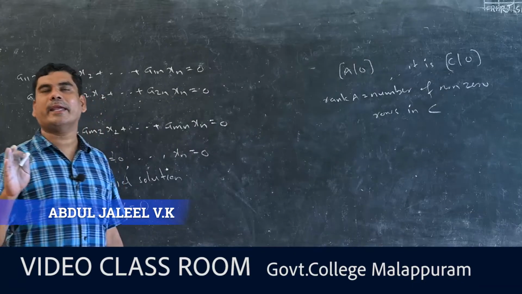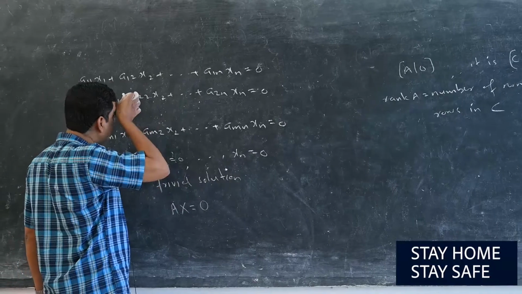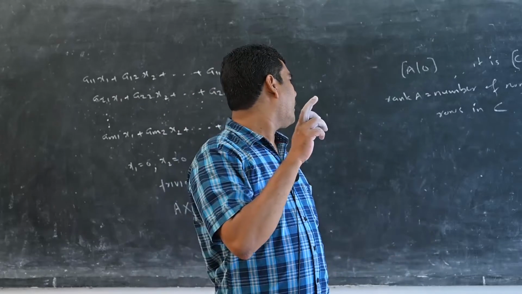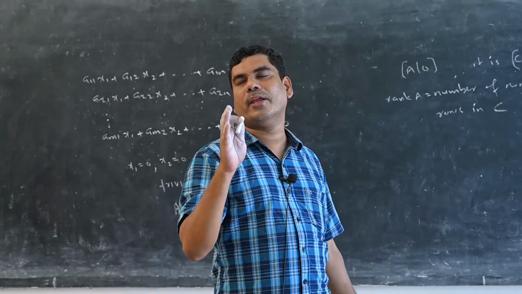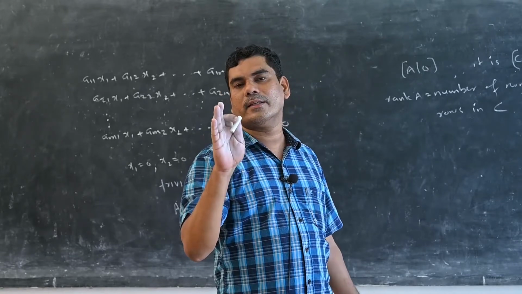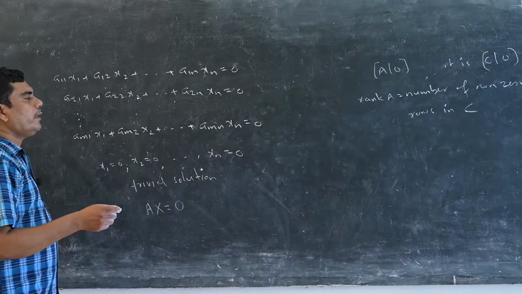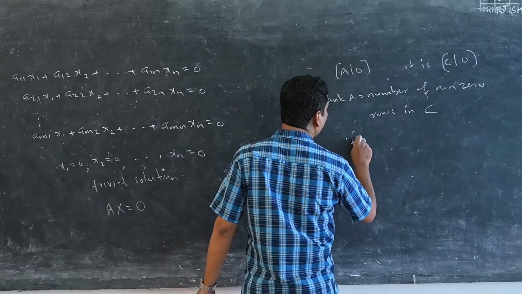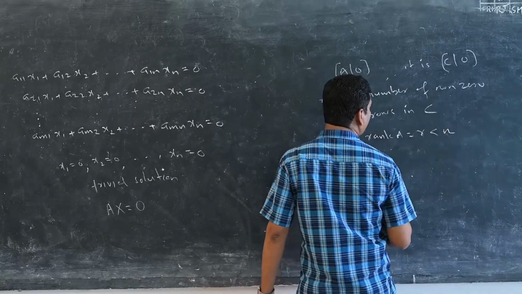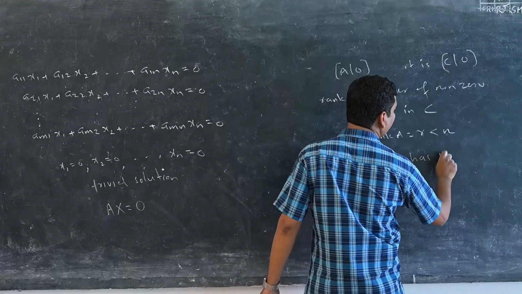If rank A is equal to n, where n is the number of unknowns, then this homogeneous system has only the trivial solution. If rank A is equal to r, which is less than n, then this homogeneous system has infinitely many solutions.